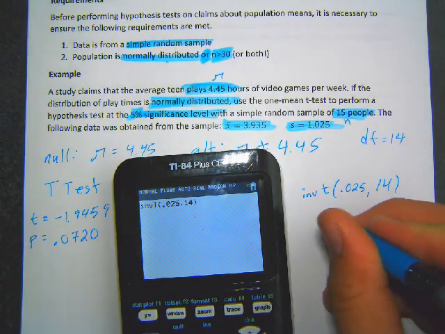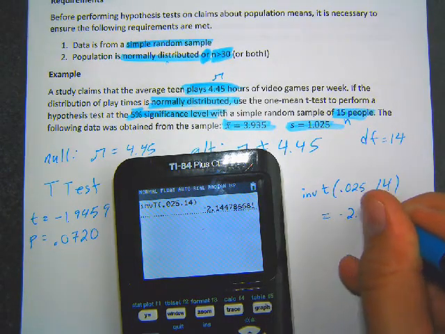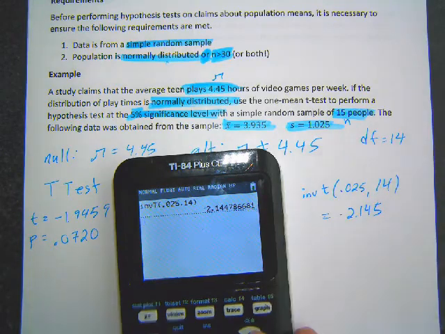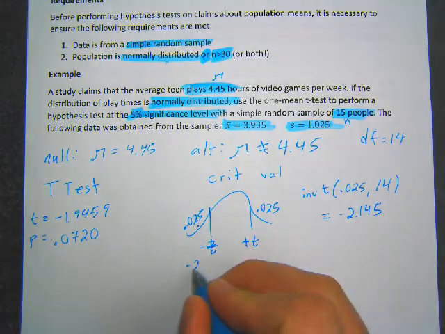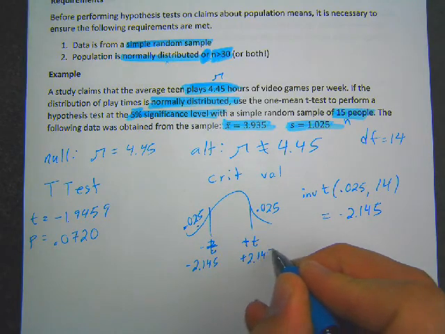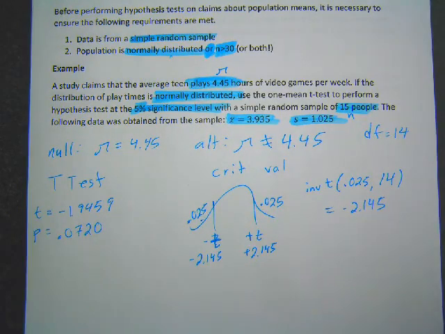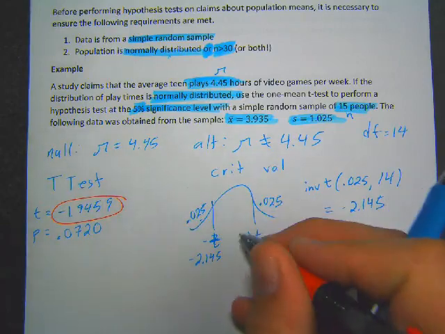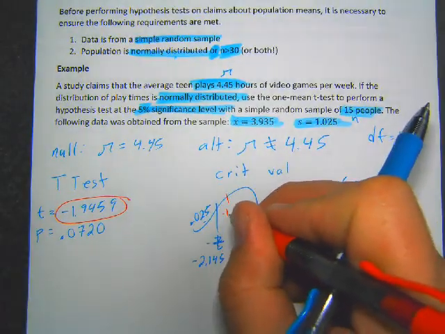So our t-score should be negative 2.145. Again, that's the left value, right? So negative 2.145 is the left value. Positive 2.145 would be the right value. So we're looking for our test statistic to be more extreme like that, further out. But in this case, the test statistic, this t, is actually about here, 1.9.